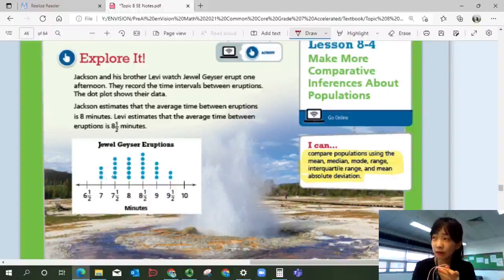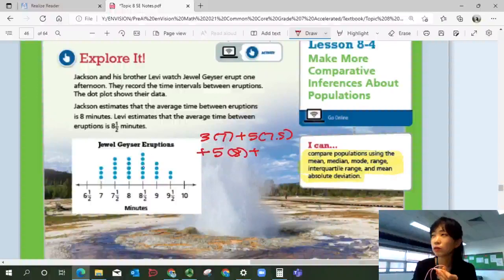So how many sevens? 3 sevens. Plus 1, 2, 3, 4, 5 sevens-and-a-half. And then 1, 2, 3, 4, 5 eights. And then 1, 2, 3, 4, 5, 6 eight-and-a-halves. And 4 nines, 2 nine-and-a-halves.